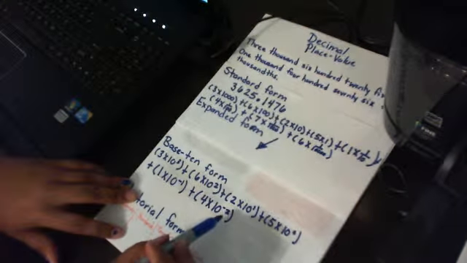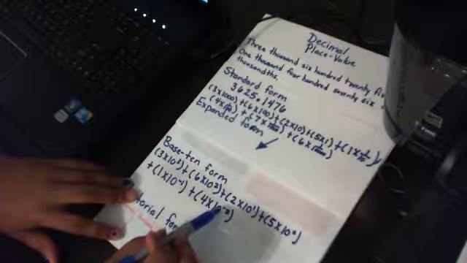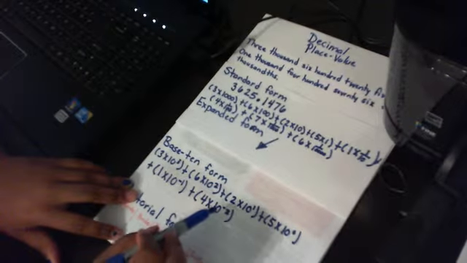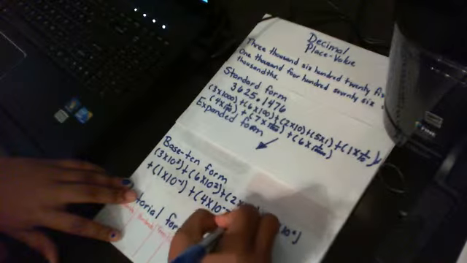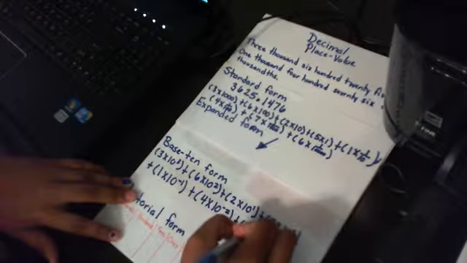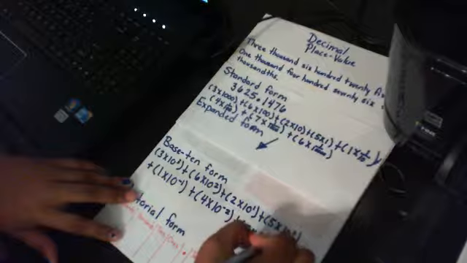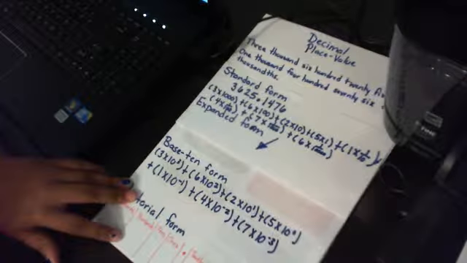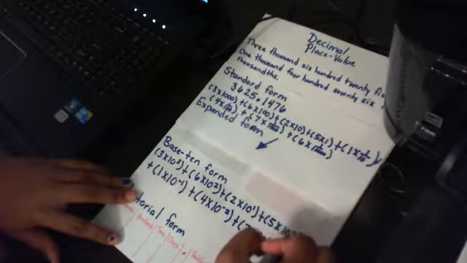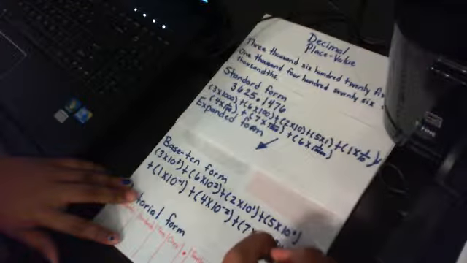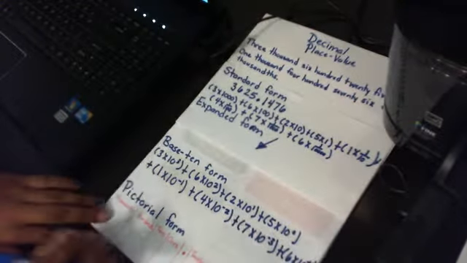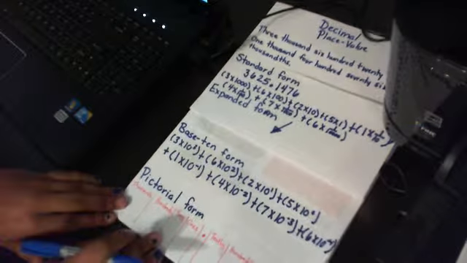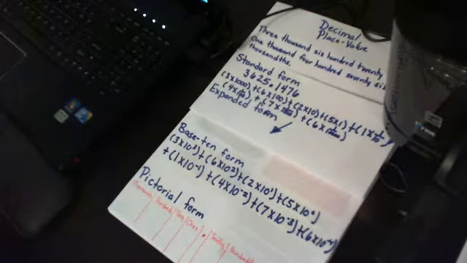The only difference is we have to put the minus sign to let us know that we're on the right side of the decimal. Plus 7 times 10 to the minus 3. Plus 6 times 10 to the minus 4. So that is our base 10 form.